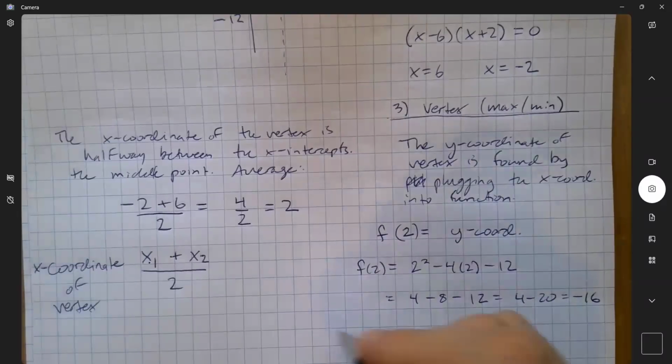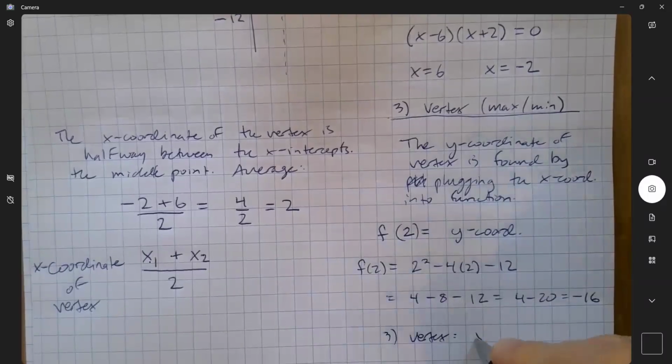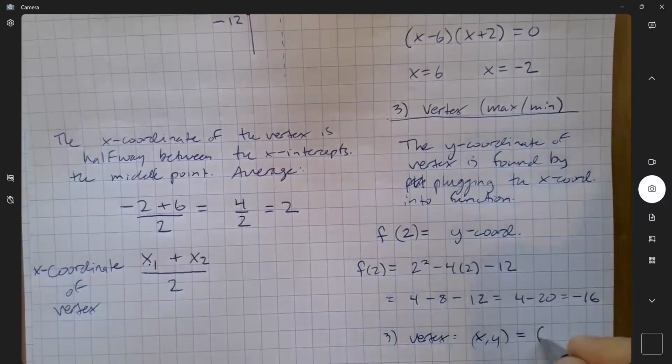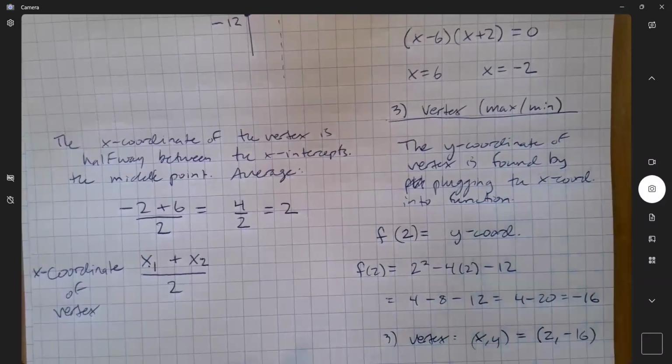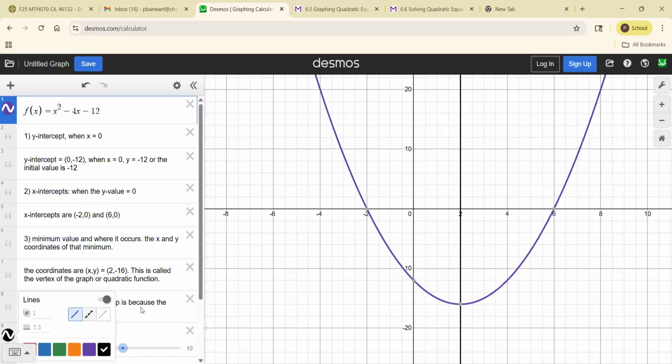So the coordinates of the vertex are x, y equals 2 comma -16. And sure enough, if we take a look at the Desmos graph, there it is, 2, -16, symmetric about that line. And let me make that a dashed line. There we go. Perfectly symmetric about that line, and the coordinates are 2 comma -16.